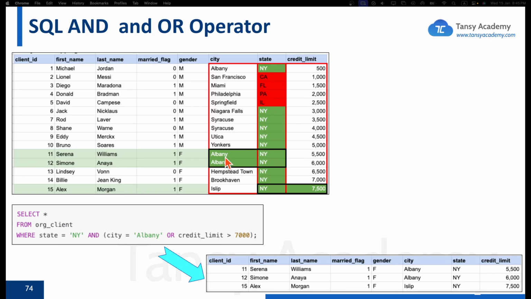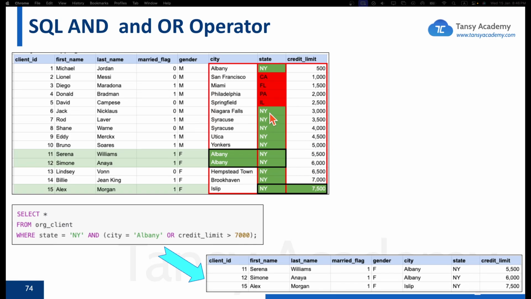This one is from Albany, that's a city in New York. This guy is from Islip, but I still pick him because the condition says whether they should be from this city, or it's okay if they have a credit limit greater than 7,000. So this one will be picked, these two will be picked, and ultimately all the rows coming back, the state should be New York.